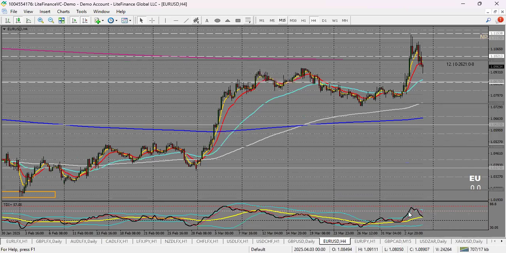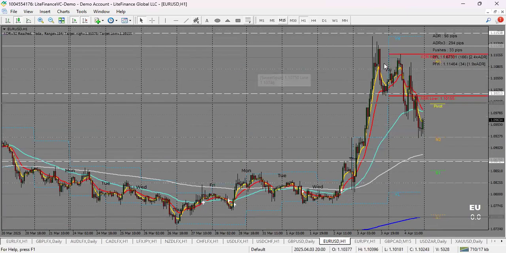So the TDI has shown a very good shark fin reversal. The shark fin was just below the extreme level high, so it's in a good position. And you can see the market is still dropping there.